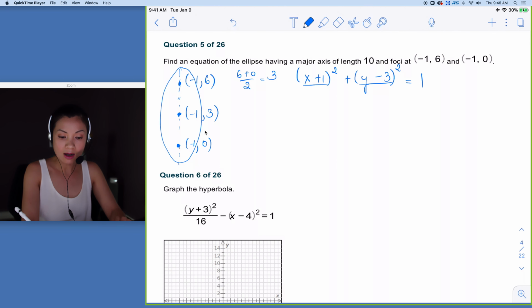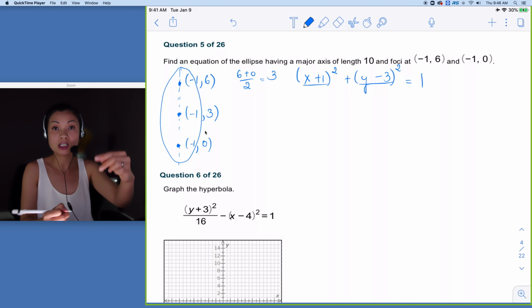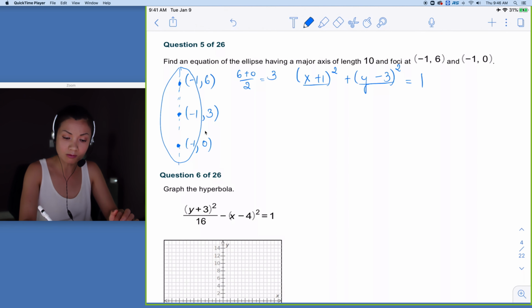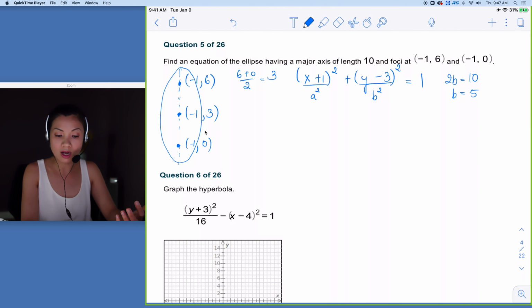Now the major axis has a length of 10, so you're going to take that and divide by 2. I always label a for x and b for y, so you can see that 2b is 10, therefore b is 5. So you see b squared is going to be 25. All we need right now is to take care of a squared.